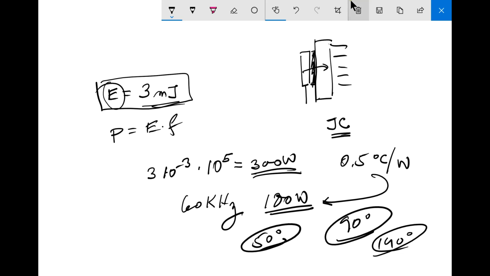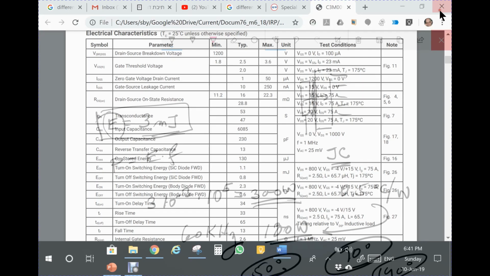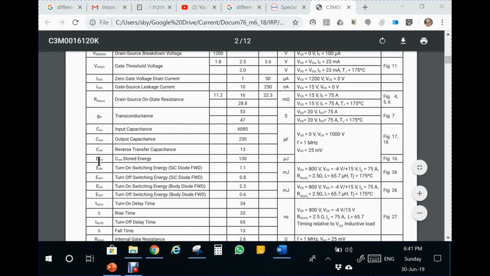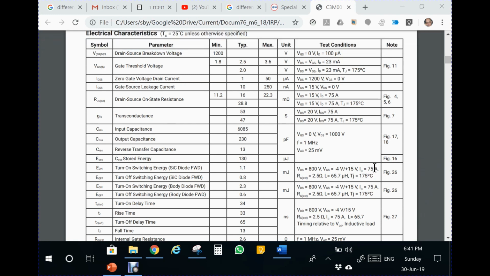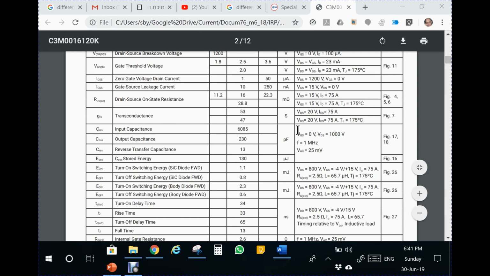However, one has to bear in mind the operating point at which these were taken, which is specified here, you see this is 800 volt, 75 amp, okay? So this is a fairly high current. You probably would not like to run this device at 75 amp. At lower current, of course, these values will be lower.